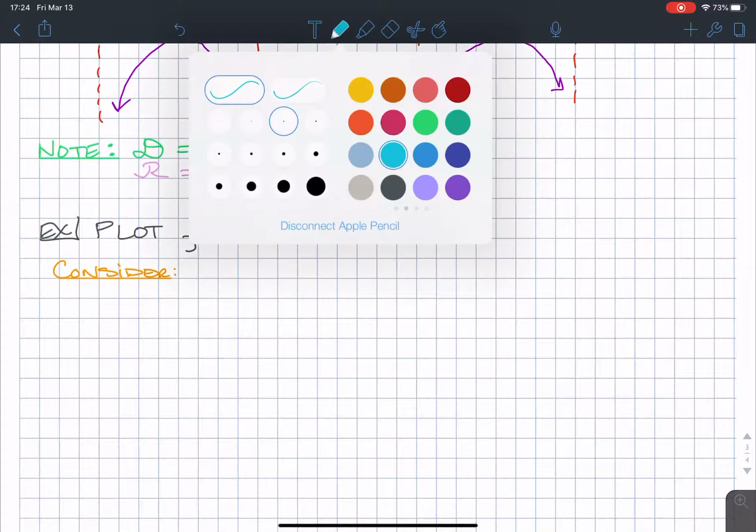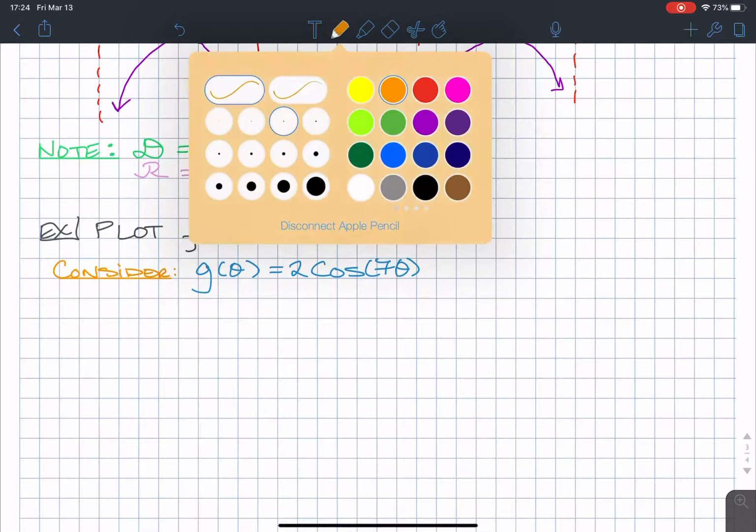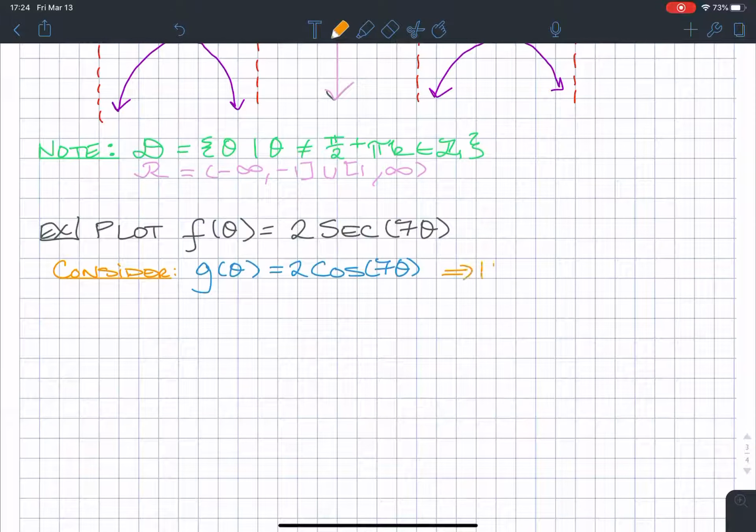So in this case, actually let me do this in a darker blue. Let's do g of theta is 2 cosine of 7 theta. So in this case, the amplitude is 2, but the period is 2 pi over 7.